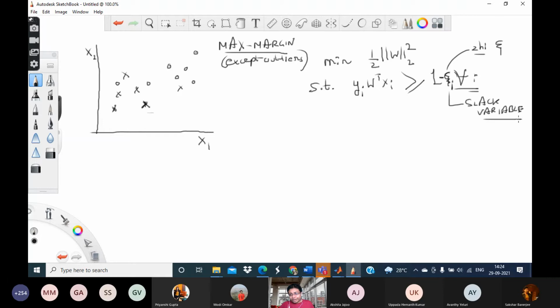This slack variable basically ensures that this constraint remains satisfied for all points, whether it is an outlier or not.